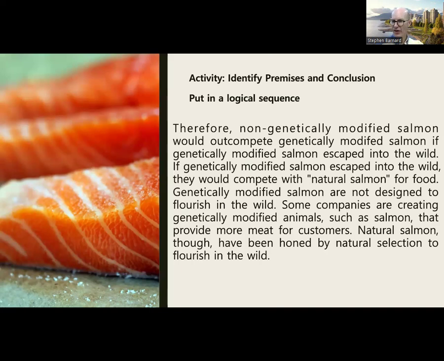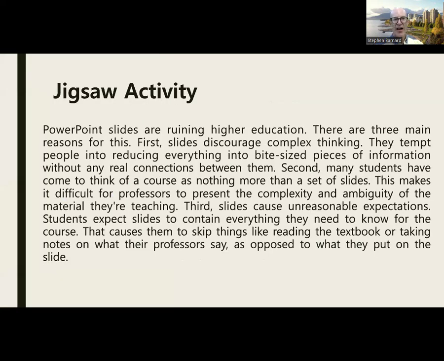Beginning with the context, a little bit of background, and then giving us the issue, then listing two of the main ideas, and then finally giving us the conclusion, which is that non-genetically modified fish would actually have an advantage over genetically modified fish because genetically modified salmon are not designed to flourish in the wild.